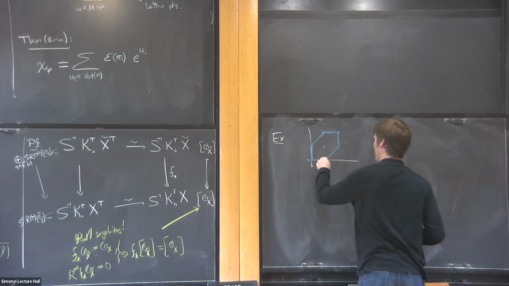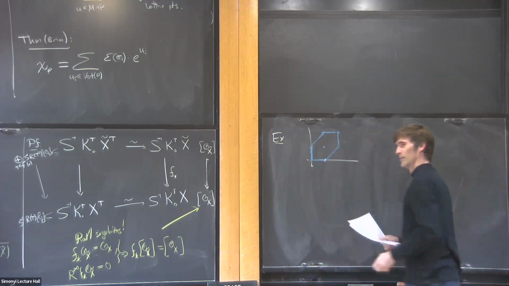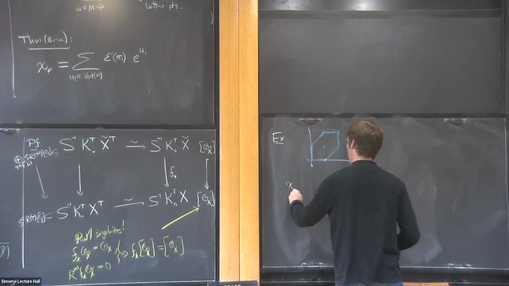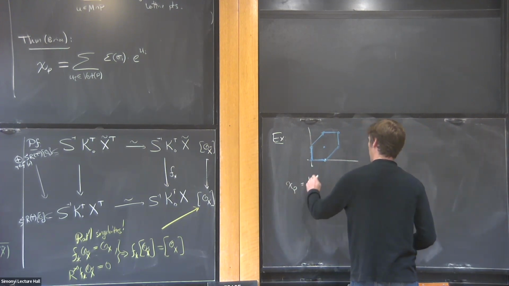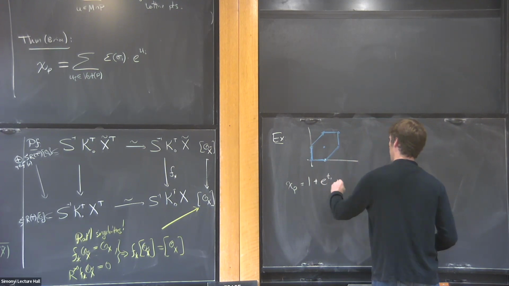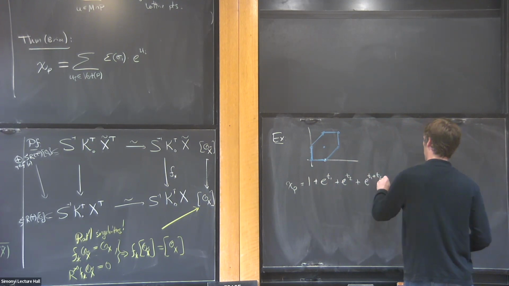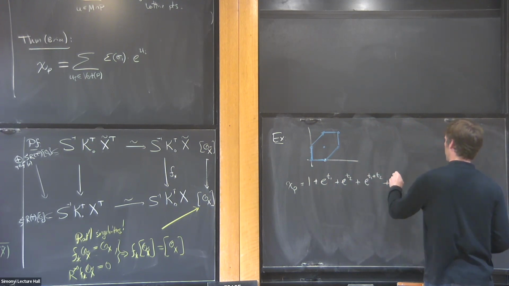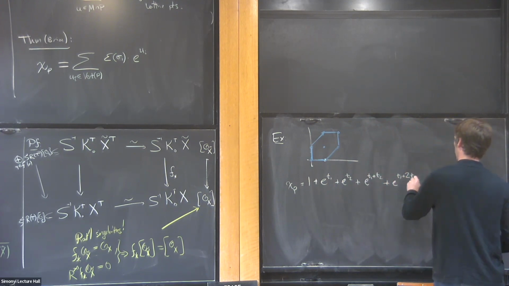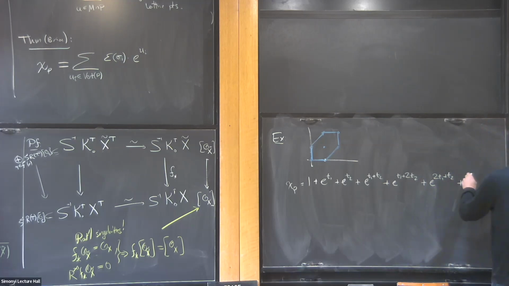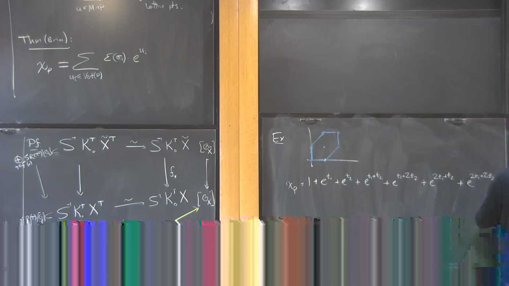So here is the two-dimensional permutohedron. I can write down its generating function. There's 7 lattice points here.